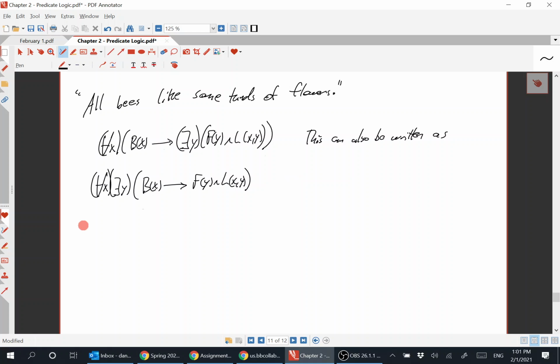All right, all bees like some kind of flowers. All bees like all flowers. Every kind of bee likes whatever kind of flower you show him.